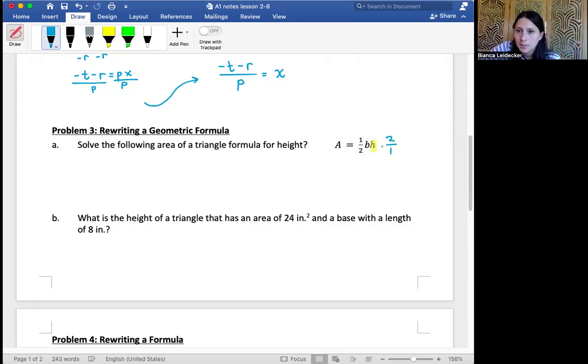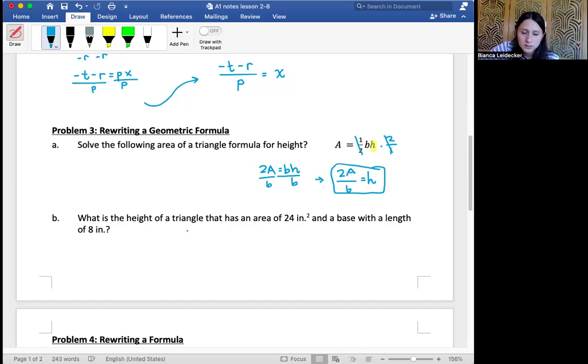So that means I'm going to multiply by 2/1 or 2 on both sides, which ends up giving me 2 times a equals b times h. To get h by itself, I'm going to divide by b. And then in the end, I will get the equation 2 times a over b equals the height. That is my final equation.